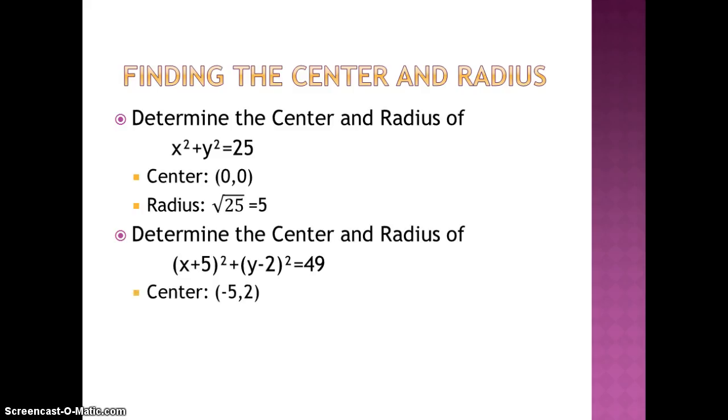So our center would be (-5, 2). And then to get our radius, we need to take the square root of 49, which is 7.